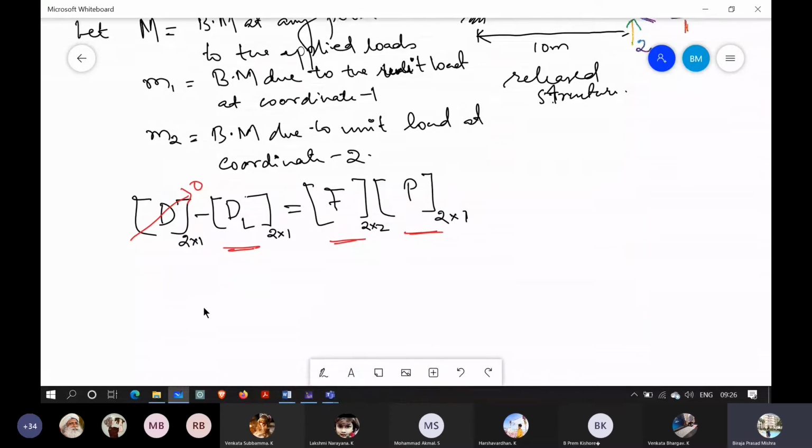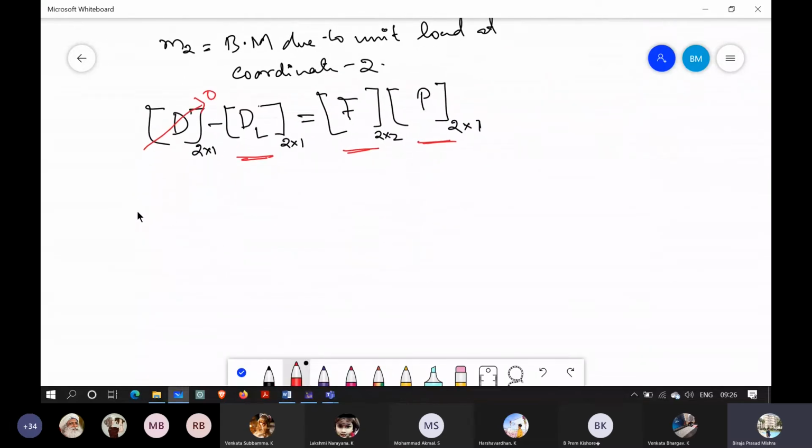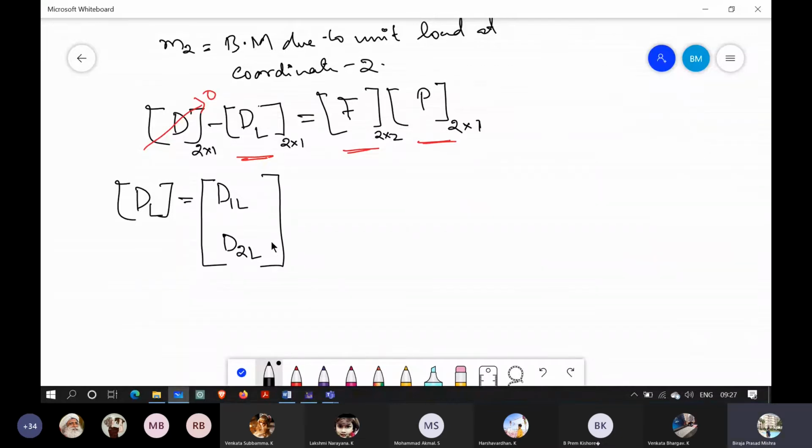Now this DL, you already know that it consists of D1L, D2L. If three redundants were there, or the degree of static indeterminacy was 3, then D1L, D2L, D3L likewise.